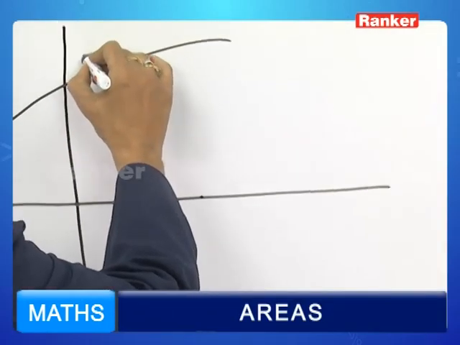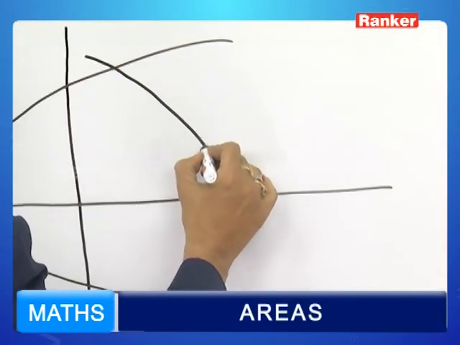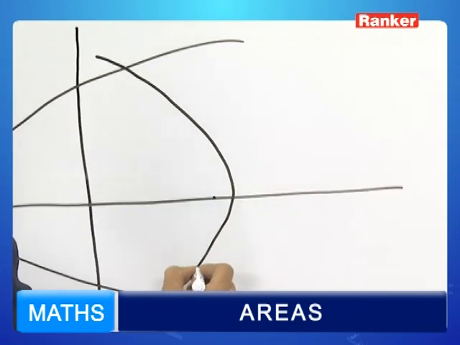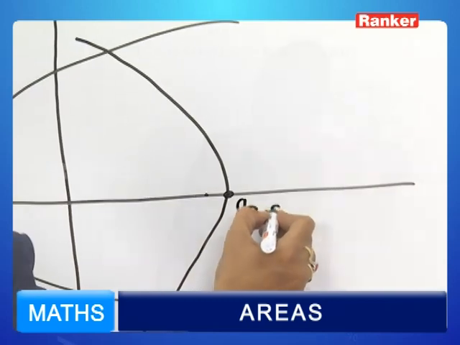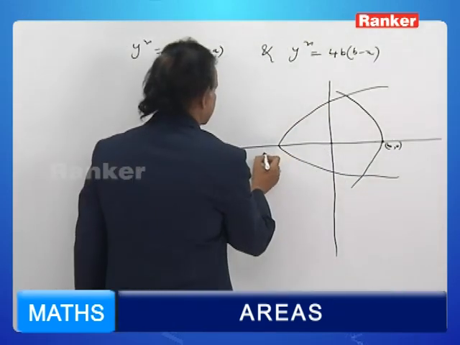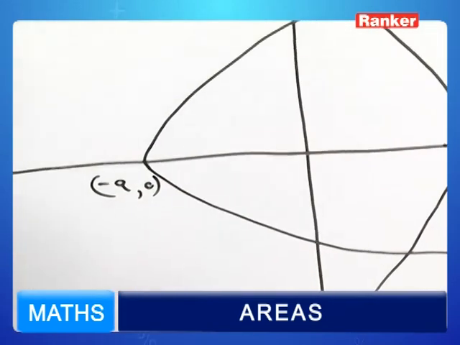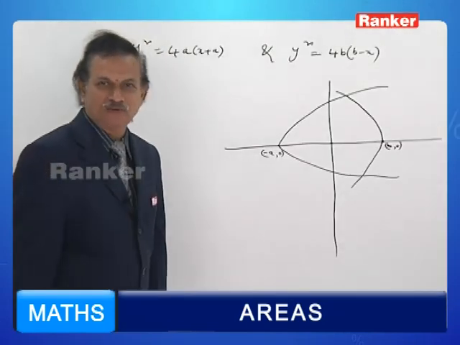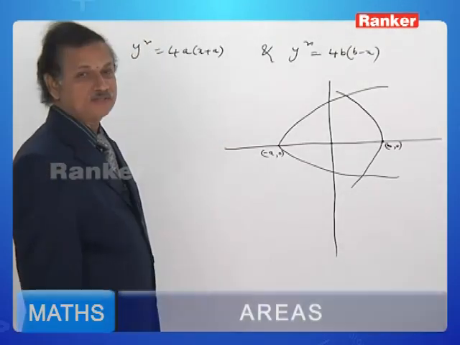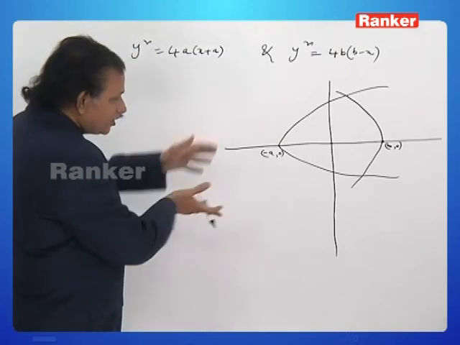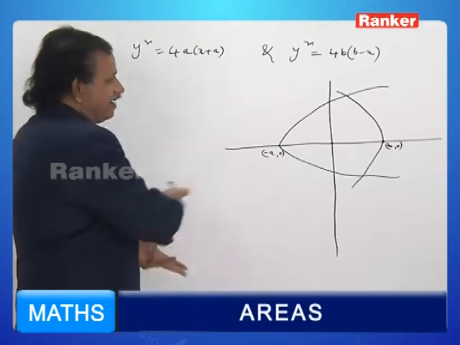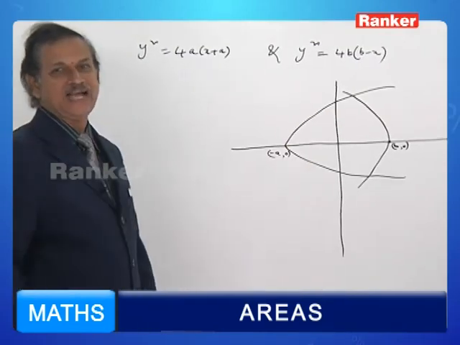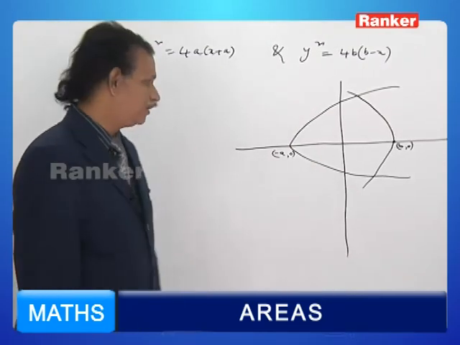The parabola will be like this. This is b, 0. This is minus a, 0. One is looking towards that side, another towards this side. Both have the same axis. Of course, the x-axis is the axis of the parabolas.